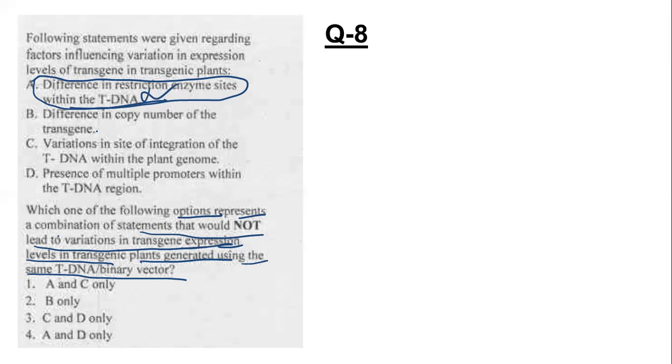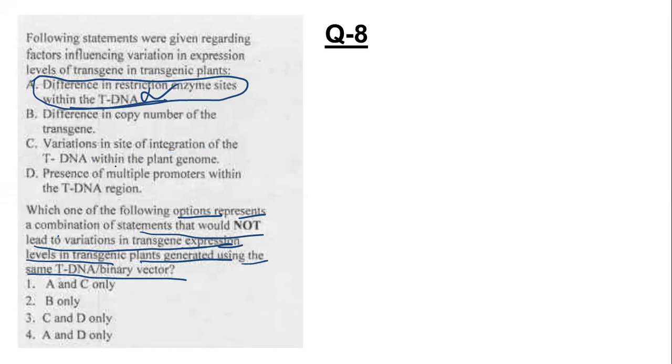And variation in the site of integration of the T-DNA within the plant genome. Yes, it is also possible. Wherever the T-DNA enters in the plant genome, it will impact its expression level. Okay, right. So variation in the site of integration of the T-DNA within the plant genome matters.